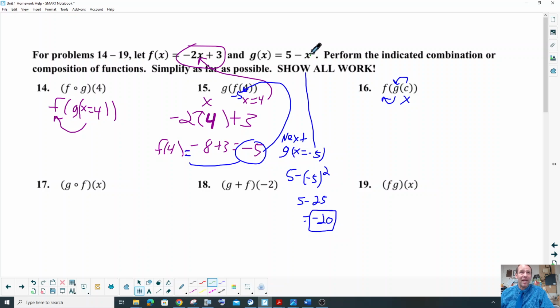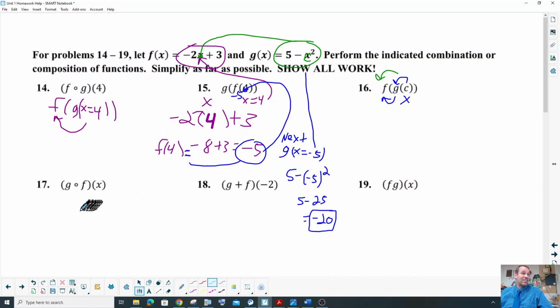So 5 minus C squared. Then take that whole thing and plug it into F. The X goes away. You put 5 minus C squared in there and just distribute that negative 2 through.